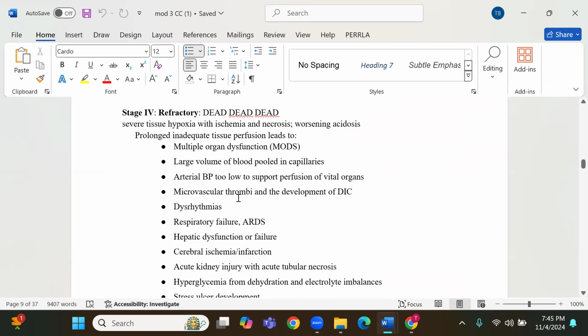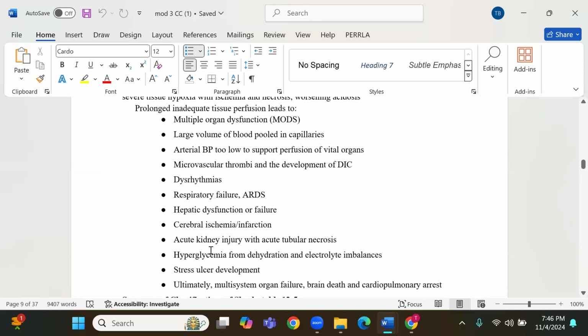But if you look, microvascular thrombi and the development of DIC, look at dysrhythmias because probably your potassium's low, right? There's so many things. And then cerebral ischemia or infarction, probably because your salt's low. Look, hyperglycemia. Remember, we talked about when the body starts to go into shock, sugars will rise. So I think those are really important facts.